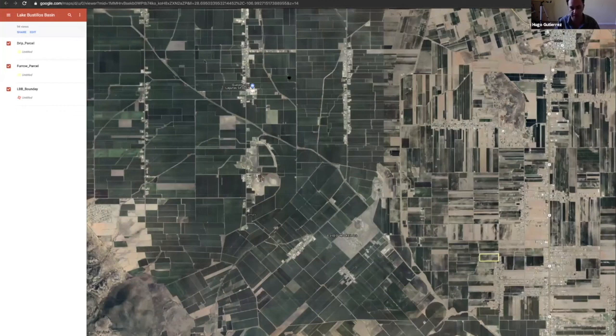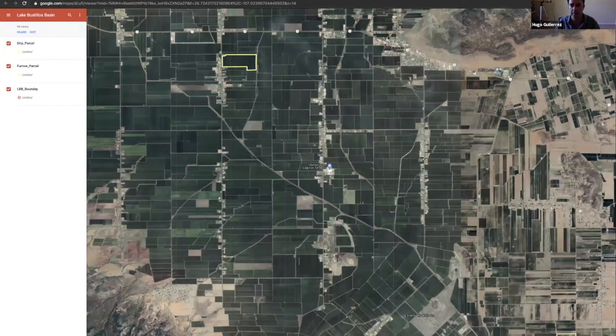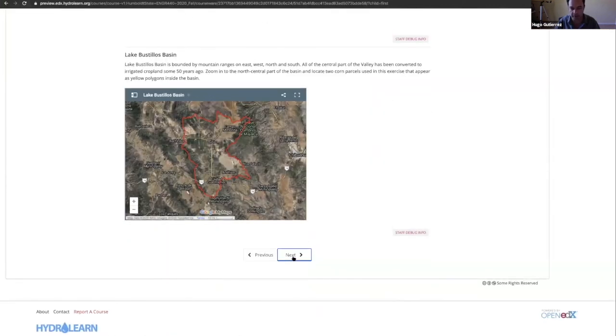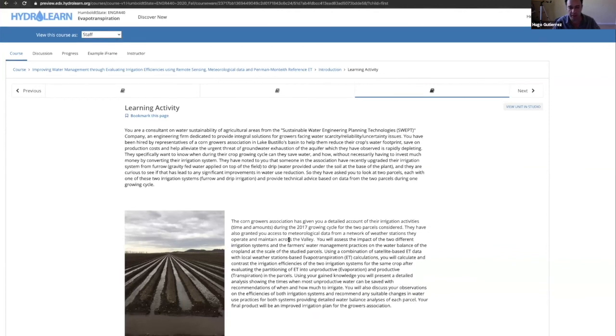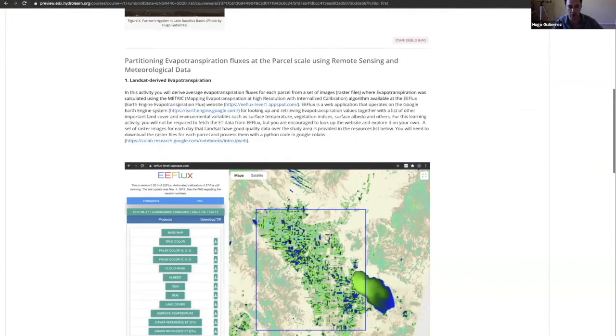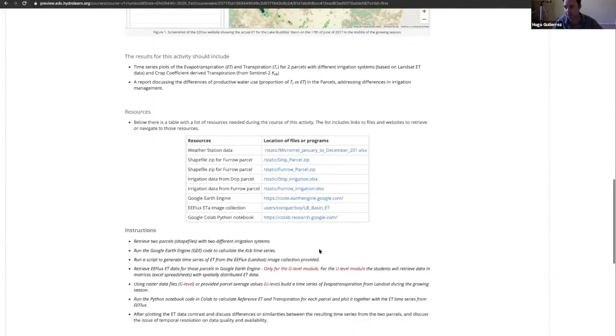These are the parcels that are delineated here in yellow, and using all of the information and the knowledge they gained on using Google Earth Engine and using the notebooks in Google Colaboratory, they will be asked to come up with a series of analyses on different irrigation methods for these two different parcels and how that impacts the water management and the water balance at the plot scale.